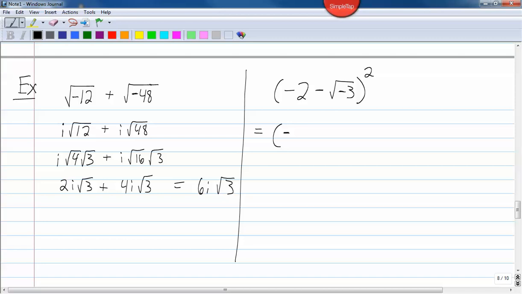Well, there's nothing I can do to the negative 2. It's just negative 2. Let's look at this term right here. I have minus square root of negative 3. So I can write an I on the outside of the radical, and that gets rid of the negative underneath. Okay, so I can rewrite square root of negative 3 as I square roots of 3.